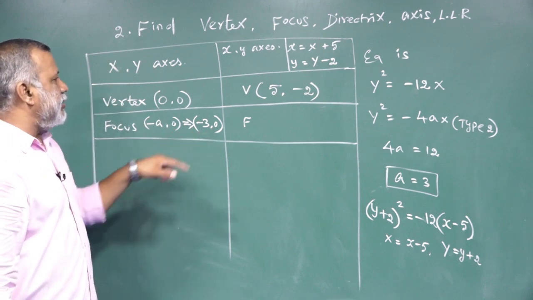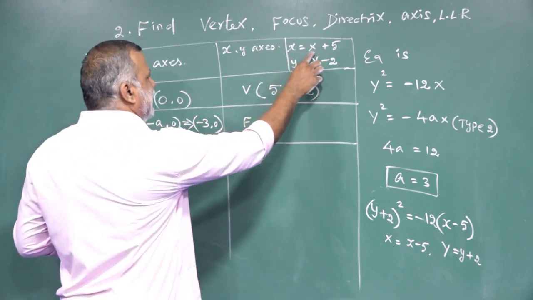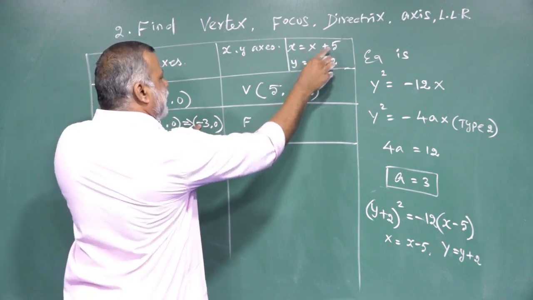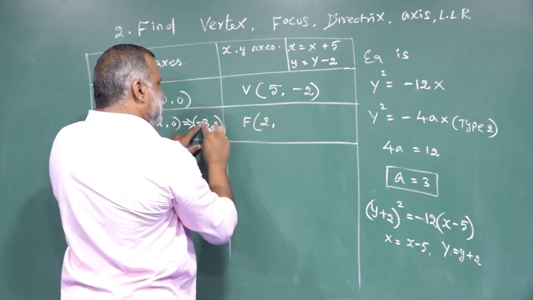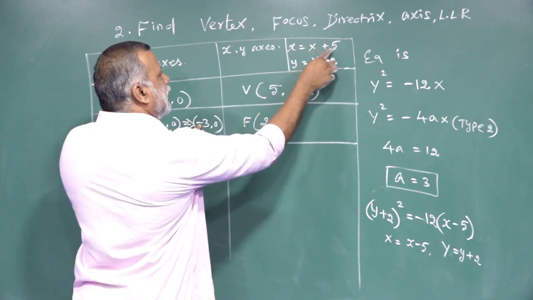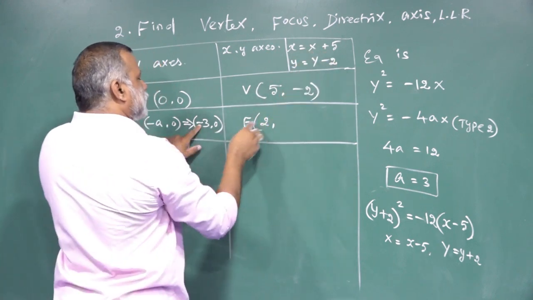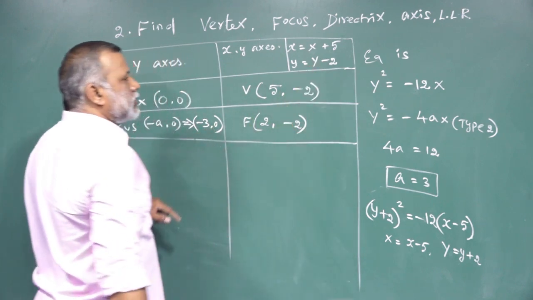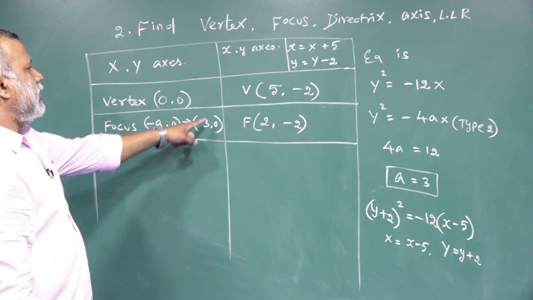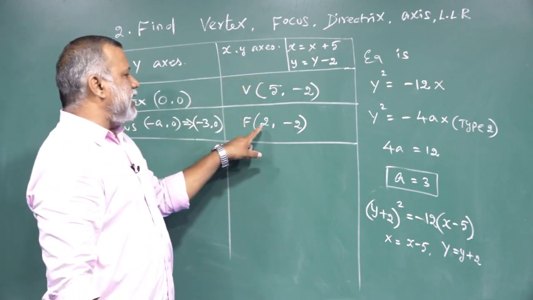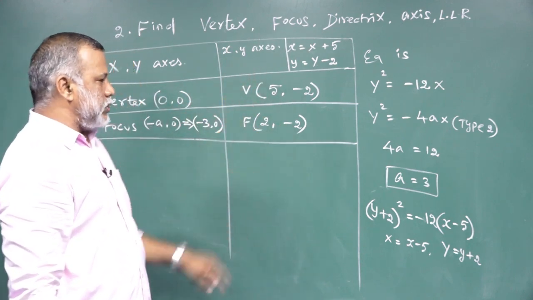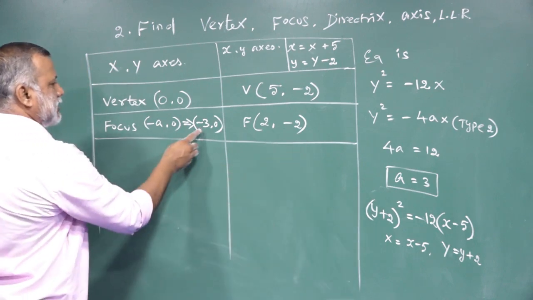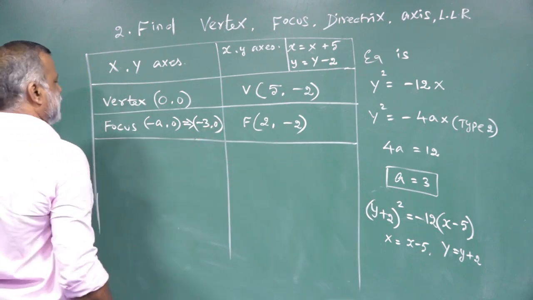So minus 3, 0, substitute minus 3 here. Minus 3 plus 5 gives 2. Again 0 here gives minus 2. So the focus is 2, minus 2. Now a we already worked out, a is 3.